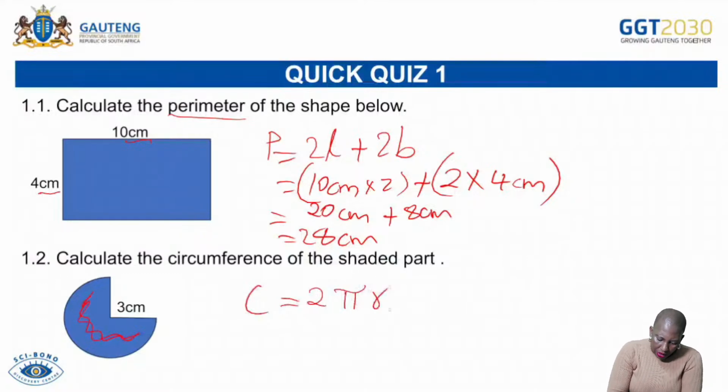There is no square here. And the shaded part here, it's a full circle. This formula is for a full circle.